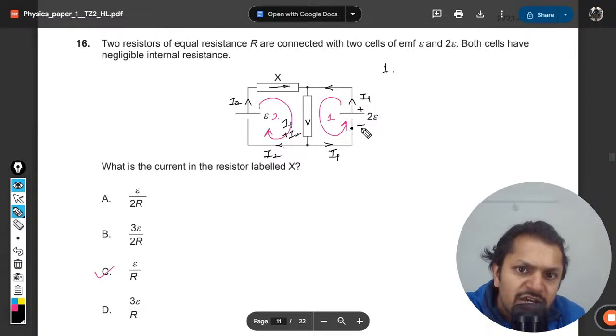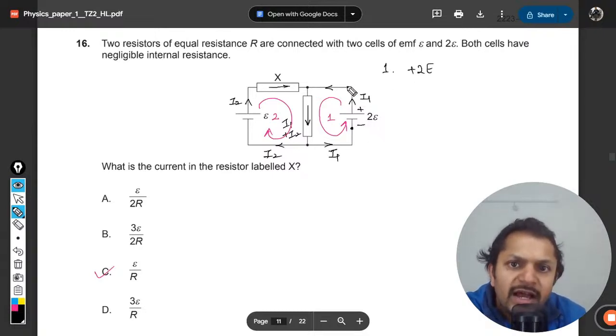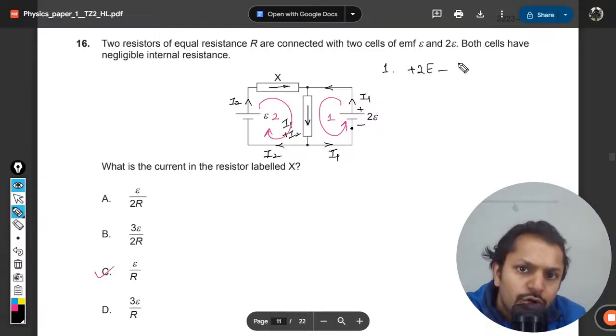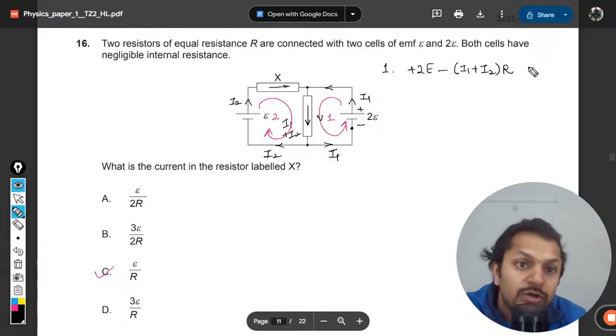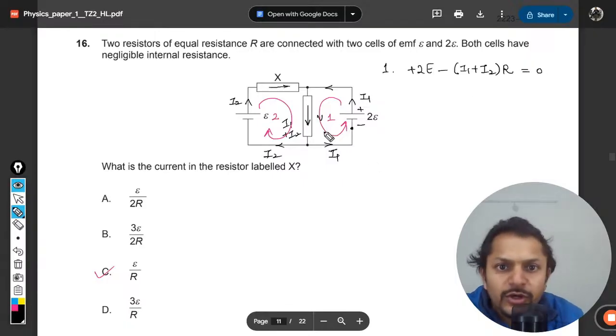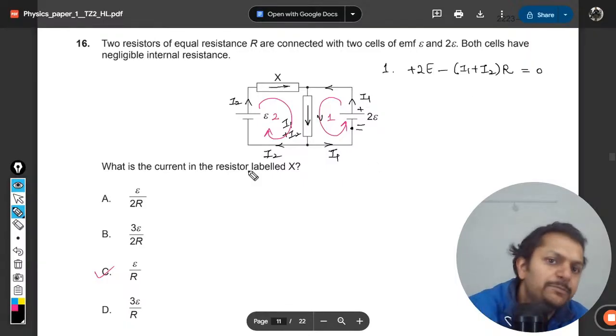We start from this. So negative terminal is coming first, so that will be plus 2E. And then here, this is R, but the current is I1 plus I2. So minus (I1 plus I2) into R, because the loop is going downwards, current is also going downwards. So this is equal to 0 because we return back to the same position P.